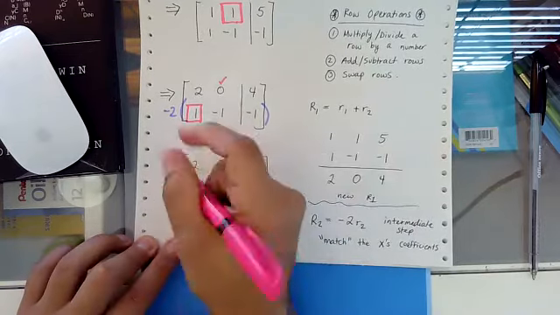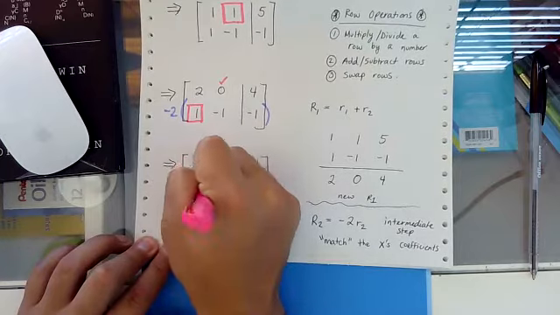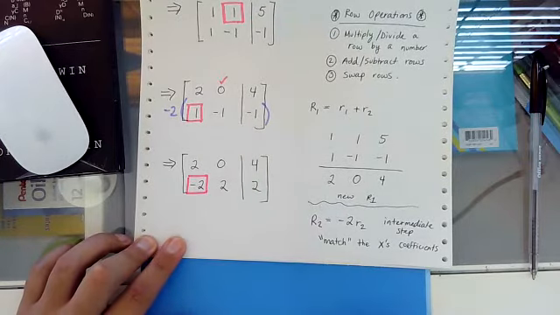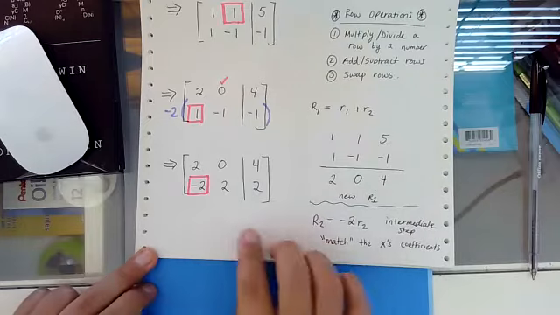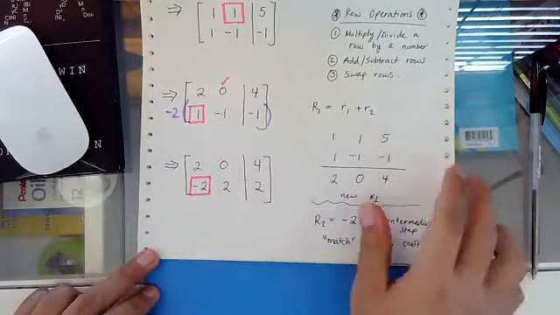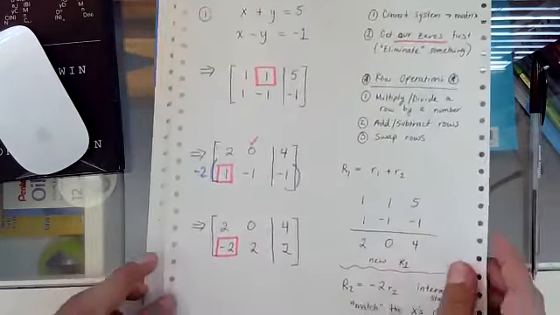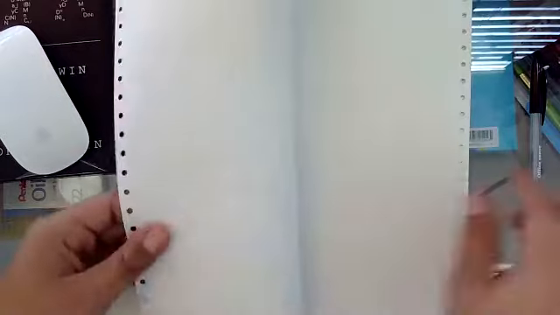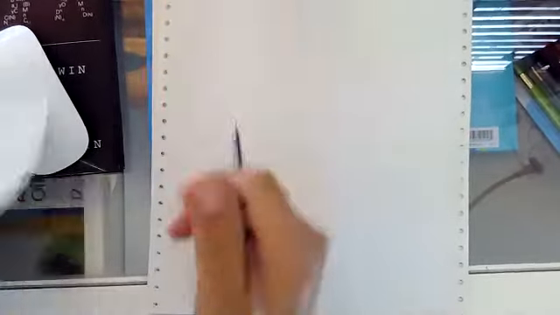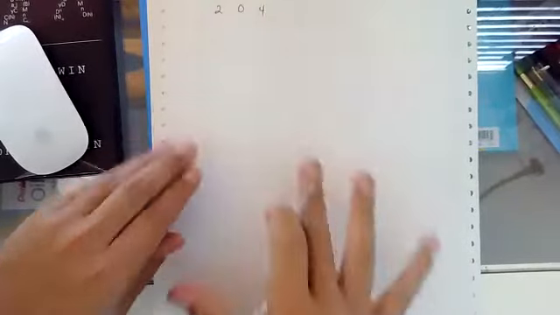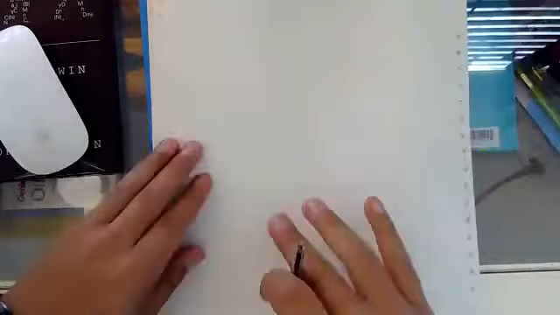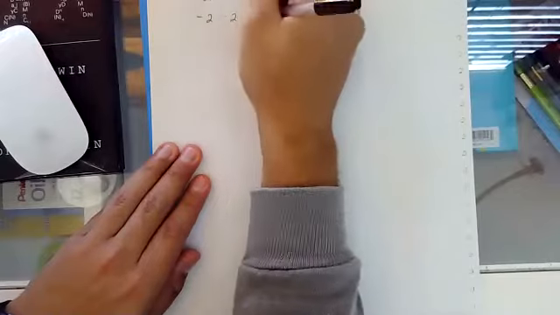What would be the next step if, again, we're trying to focus on getting a 0 here? Adding row 1 and row 2. Yeah, we're just going to add row 1 and row 2. So I'm going to rewrite this matrix on the back page and give you guys a little bit of time to catch up. 2, 0, 4. -2, 2, 2.